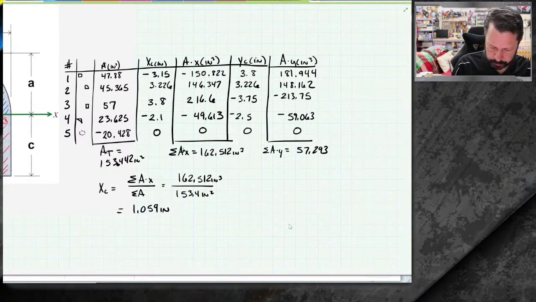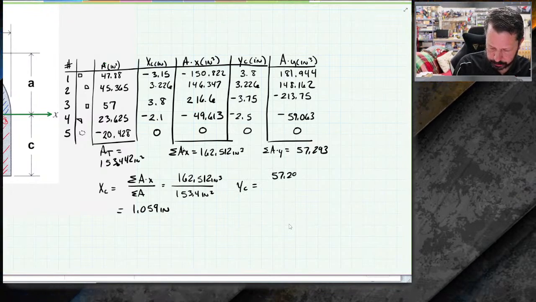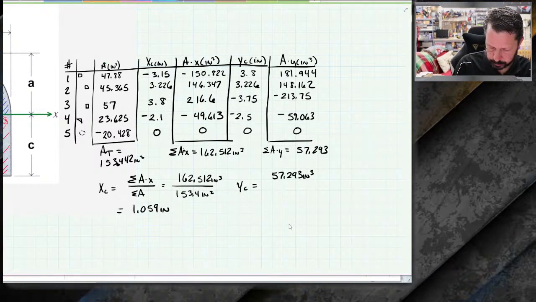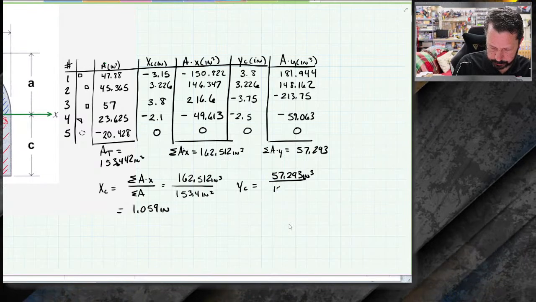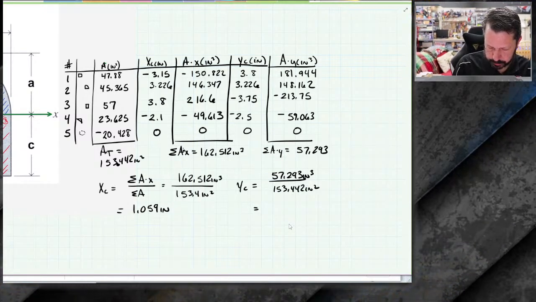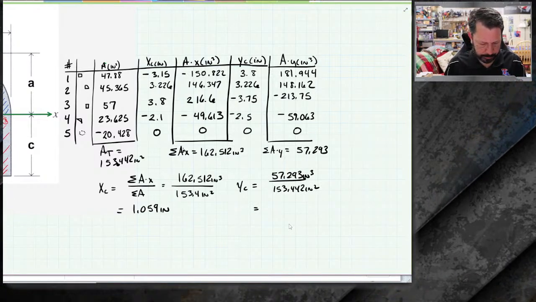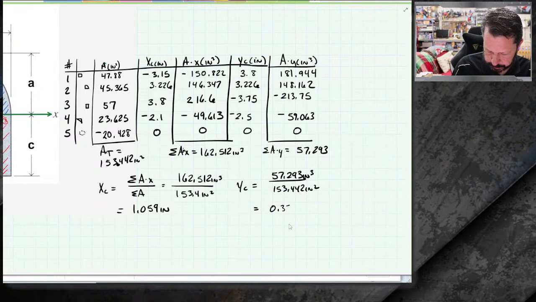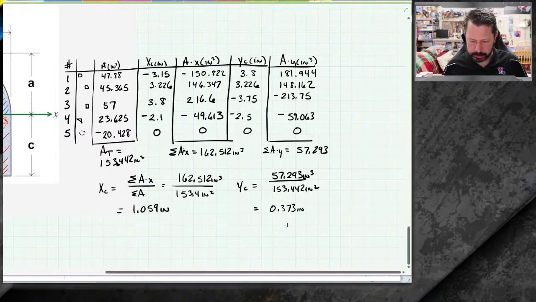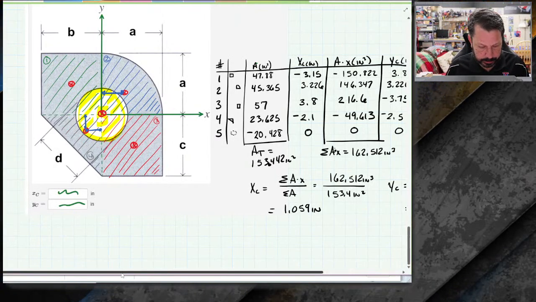And then I could do y sub c equals 57.293 inches cubed over 153.442 inches squared equals 0.373 inches. So a positive is what it came out to be, just floating above, which does make sense because there's a little more area on top.